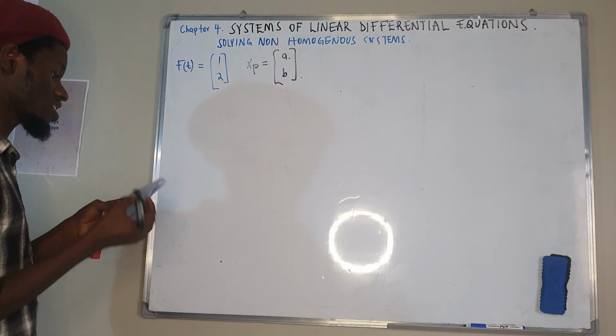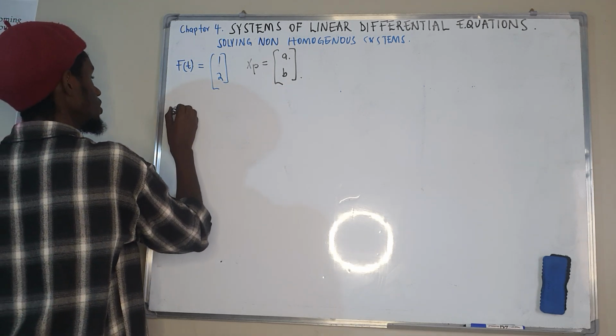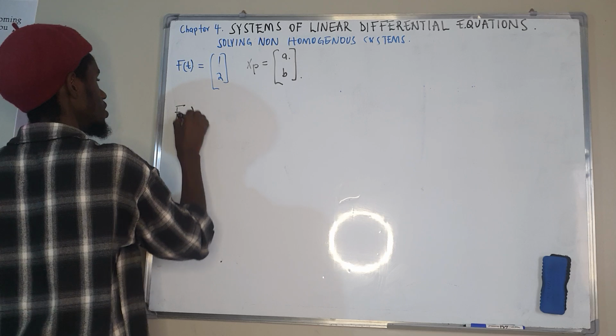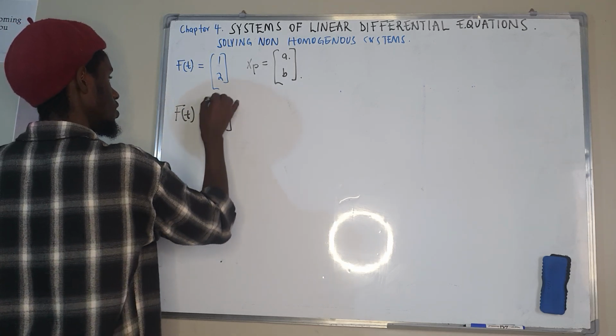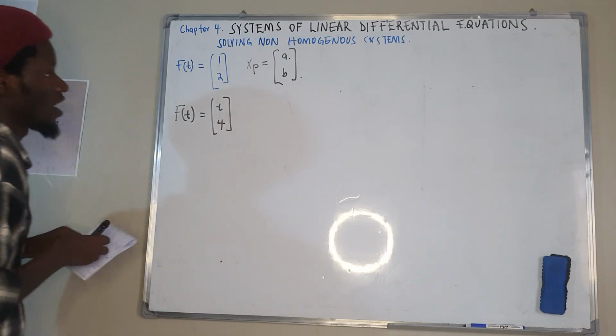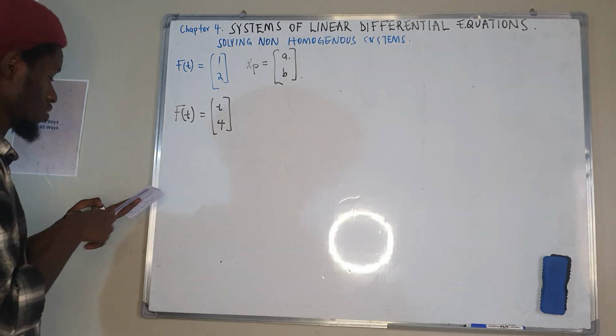Now take another example. If my f of t equals t, and then a 4 here. Allow me to first split this one to see correctly what to let and what not to let.